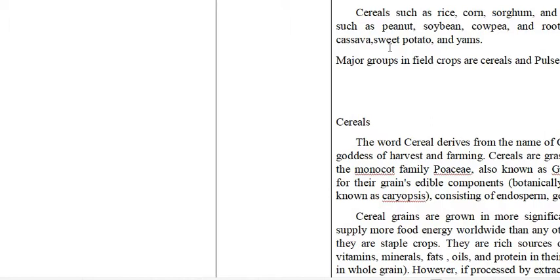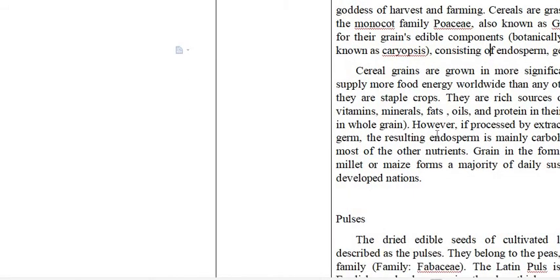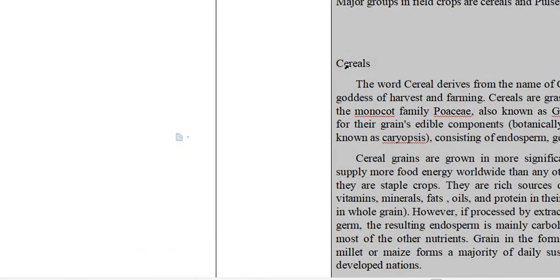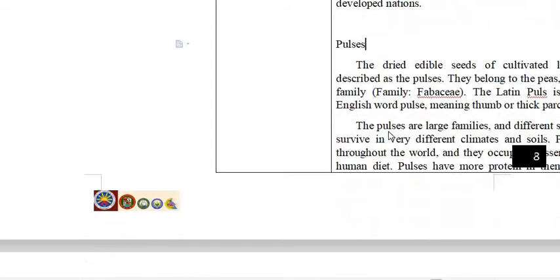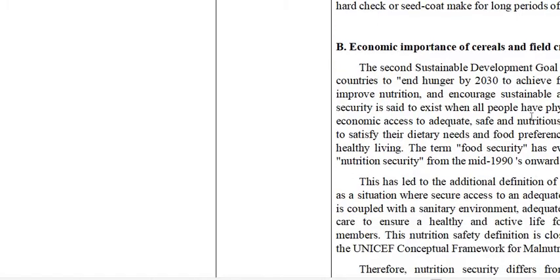In case we meet face to face, and we have subjects of the same nature, we can still recall and apply our knowledge to this subject. As you read, you will understand that this course pack is designed to be simplified for your own understanding, without too many nosebleed terminologies. So: what are cereals, what are pulses, and what is the economic importance of cereals and field crops.